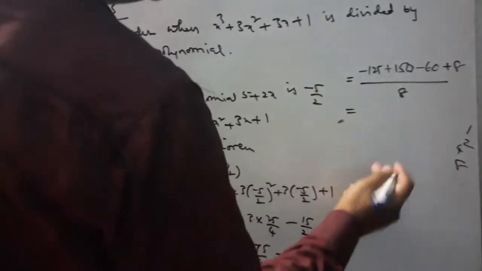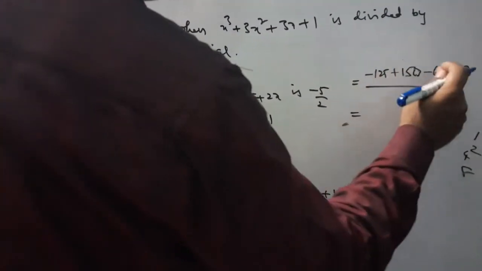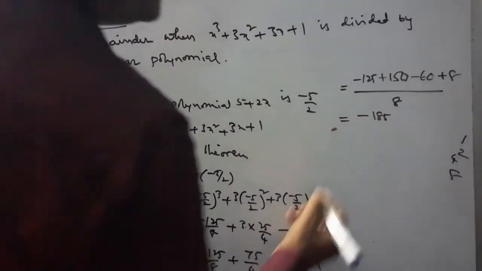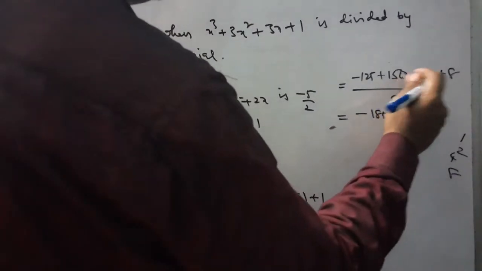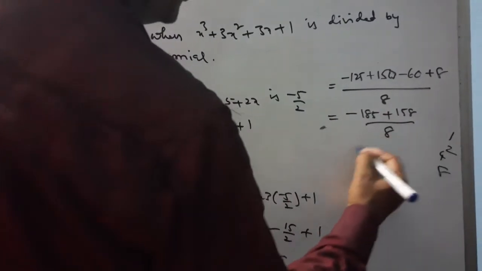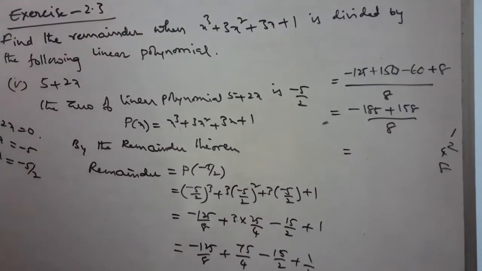So here it is minus 125 minus 60, we will get minus 185 plus 150 plus 8, 158 by 8.